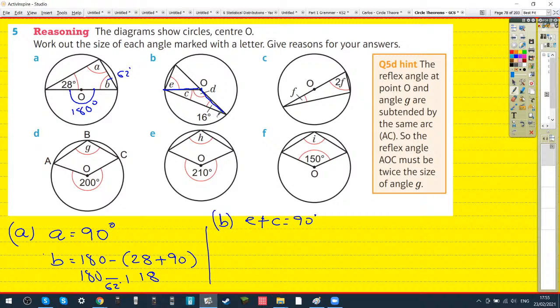If they're the same, it's an isosceles triangle. So that makes C 16 as well. Yep. And so E is 74. Any idea about question D?